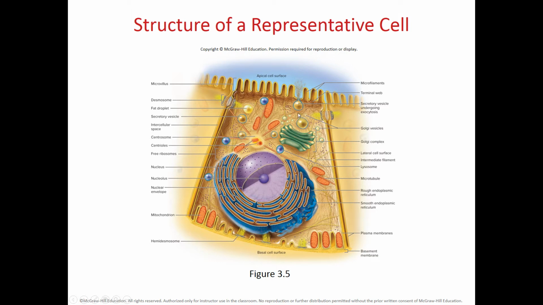Then you have secretory vesicles that are going to deliver materials into the outer part of the cell. And then you have centrioles, which are this. You have this cytoskeleton made out of 3 different types of proteins. And of course, you have these connections to the cells.